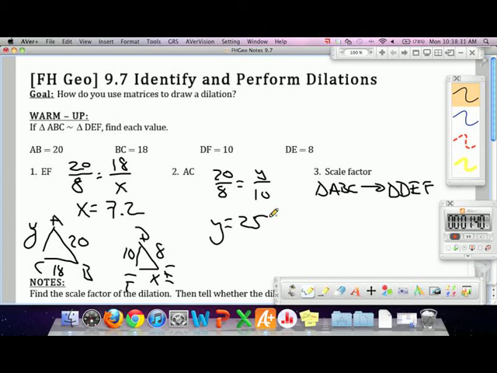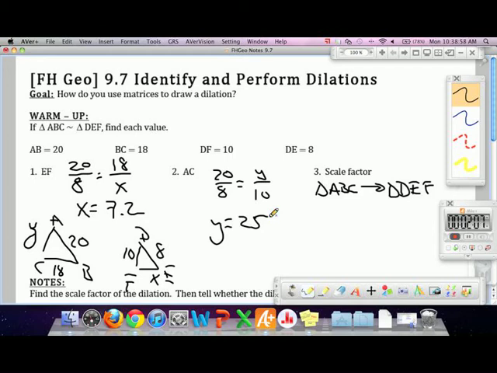Scale factor should be the value that you multiply any length in triangle ABC by to get the corresponding length in DEF. So if you said that the scale factor is 20 over 8, which reduces to 5 over 2, you're telling me that you could multiply 20 by 2.5 and get a length of 8, which is not true.